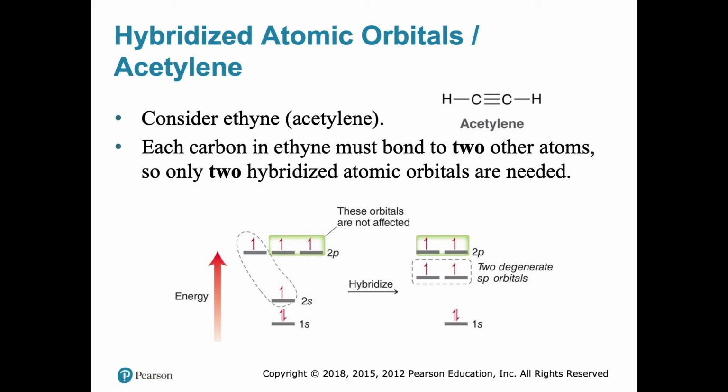So here we have the same picture we had before. Now the 2s orbital hybridizes with one of the 2p orbitals, and now you have two degenerate sp orbitals right there. So two electron domains means sp.